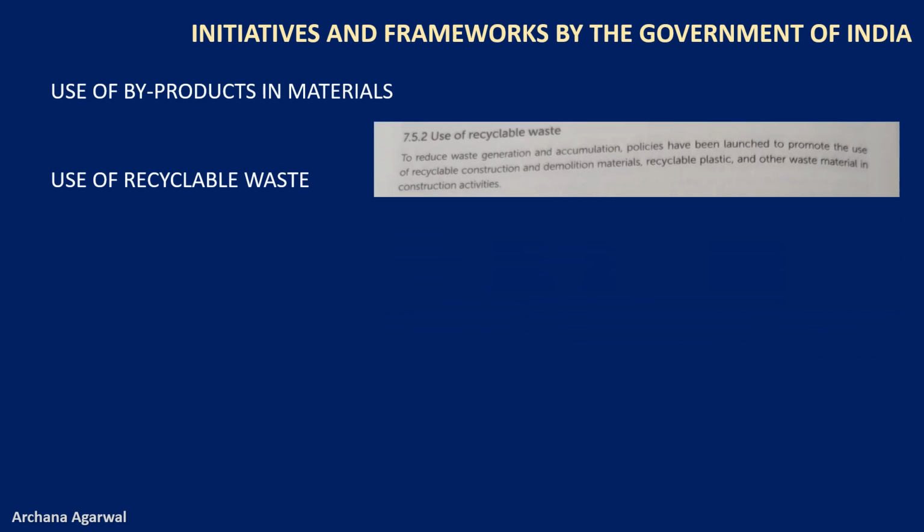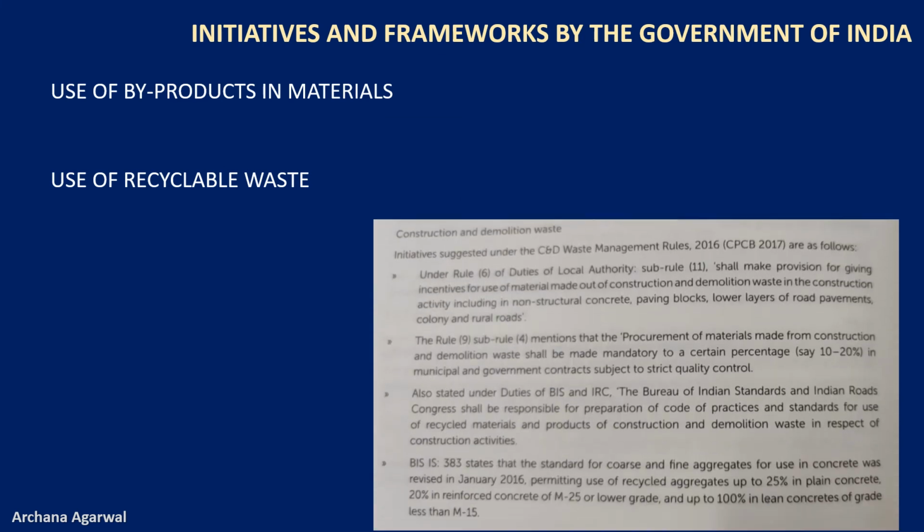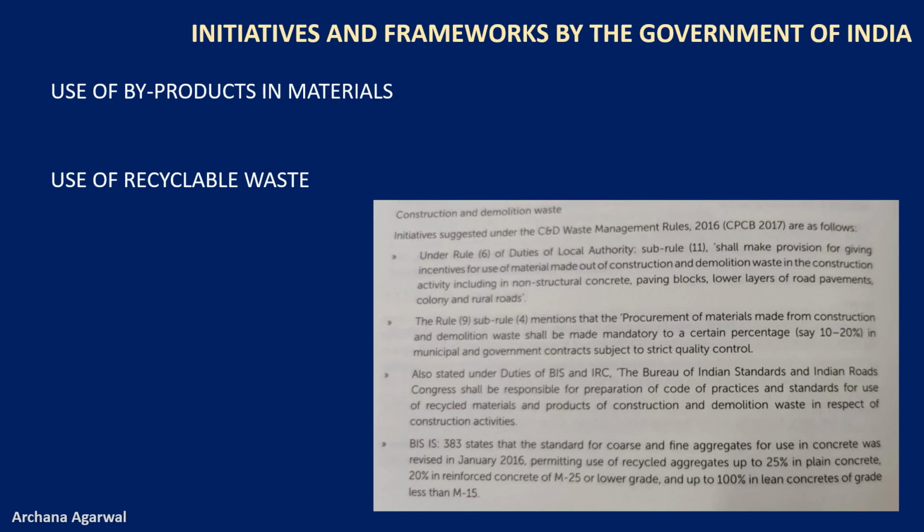To reduce waste generation and accumulation, policies have been launched to promote the use of recyclable construction and demolition materials, recyclable plastic, and other waste material in construction activities. There are initiatives like incentives would be given for using materials made out of construction and demolition waste in the construction activity.